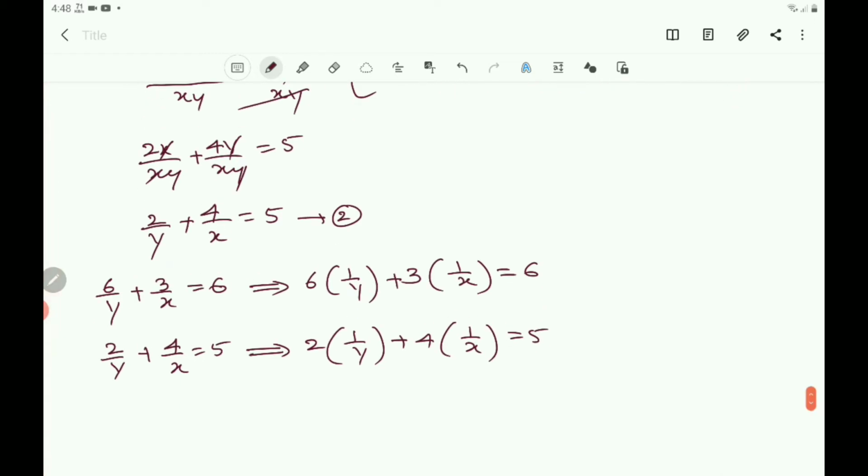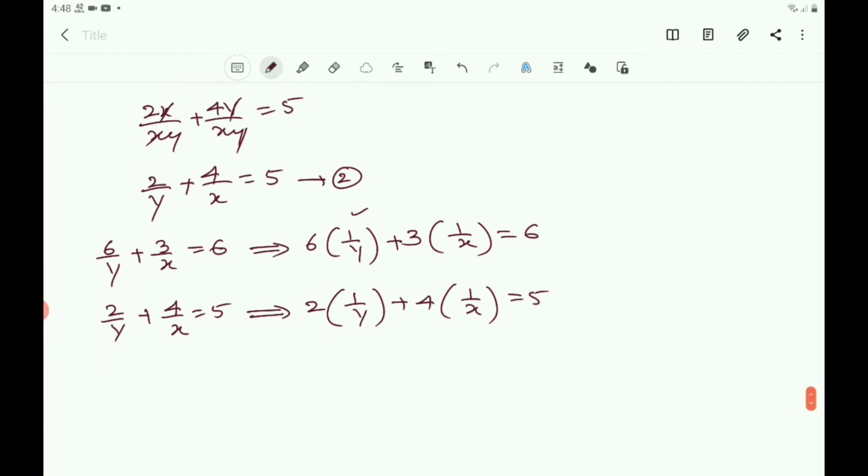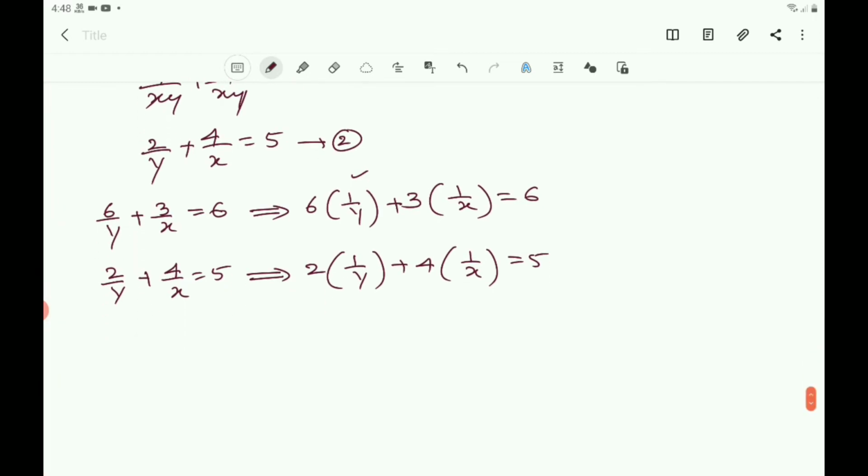Now put 1 by y equals m, and 1 by x equals n.